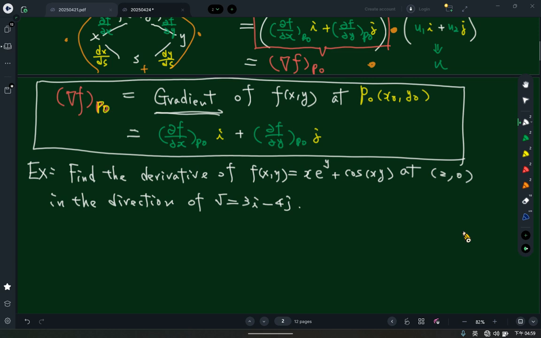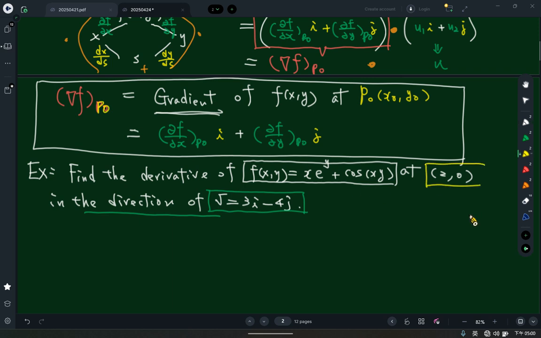So find the derivative. But the derivative you need to follow this direction. Then I also give you the surface provided by this equation. And I also give you the point. So here is P0.